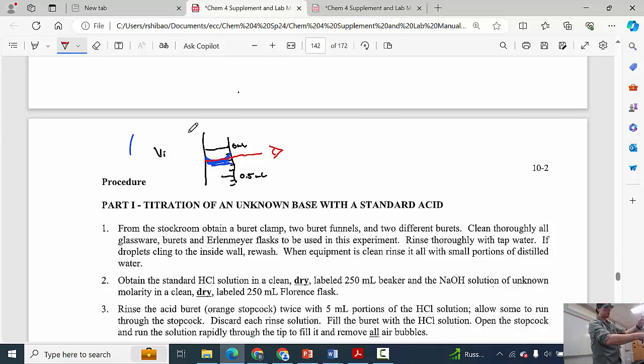And so the first thing is I'm going to purge the air out. Now, some of these air bubbles are very stubborn. Like I have an air bubble here that when I try to purge it out, it doesn't go all the way down. The air bubble goes about down here and then pops back up.